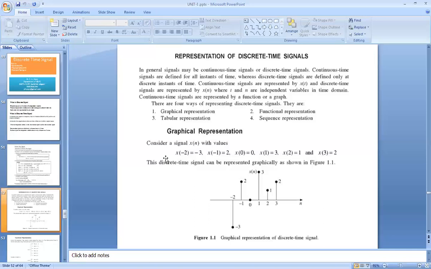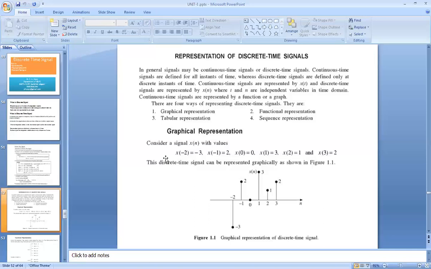Now, we go for the first way of representing the discrete time signal. Now we consider the graphical representation. In this graphical representation, we are assuming the values of x of n. So for example, here x of minus 2 is minus 3, x of minus 1 is 2, x of 0 is 0, x of 1 is 3, x of 2 is 1, and x of 3 is 2.